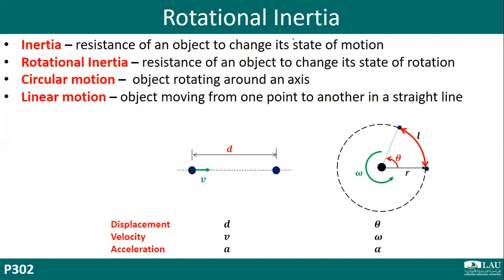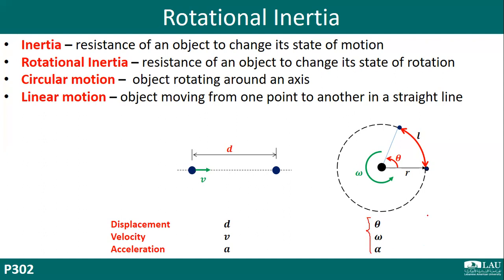So let's take a linear motion. We know that for a linear motion, the object is moving from one point to another through a straight line. And we can define the displacement d in meters, the velocity v, and the acceleration a to describe the motion. Now, also in circular motion, we have what we call angular variables.